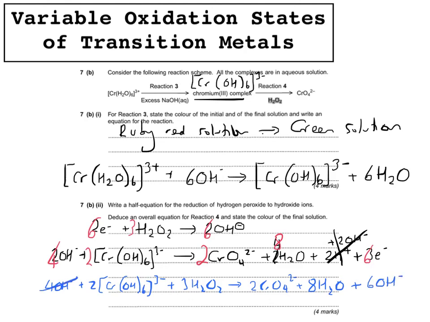Then we'll just cancel out the OH-, so have 2 on this side instead, and that's your overall equation. And then it says state the colour of the final solution, while the chromate ion is yellow. So yellow is the last bit of that answer.